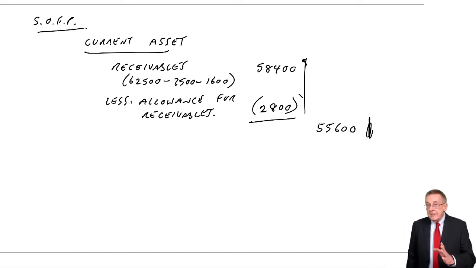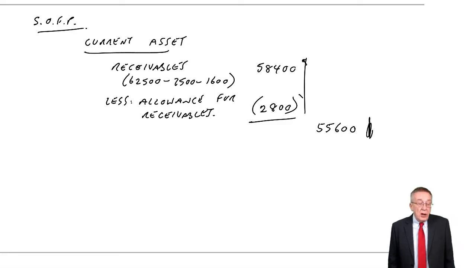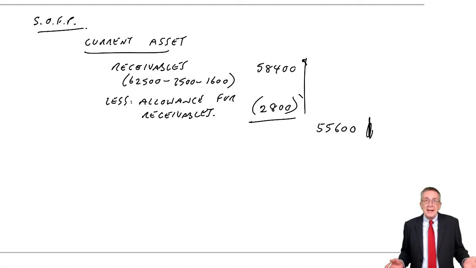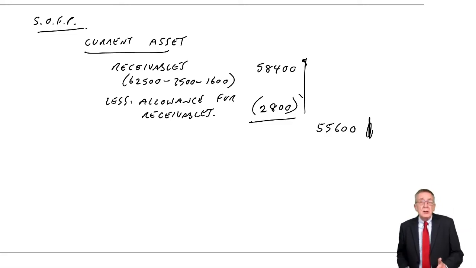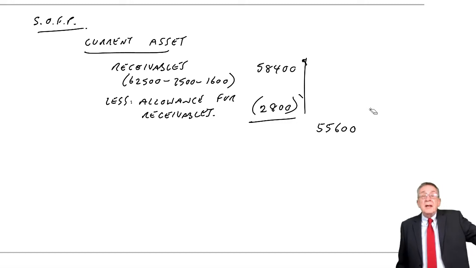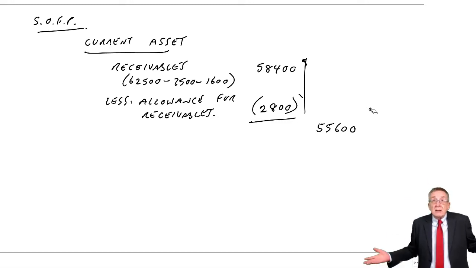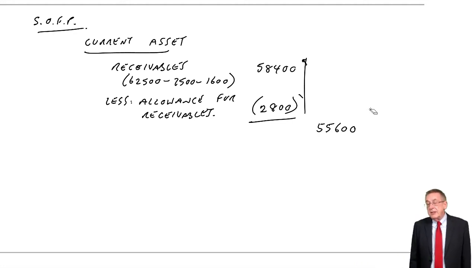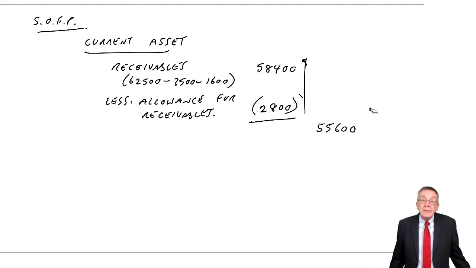But maybe, looking at the past, on average, perhaps 4% of my customers end up not paying. In the past, always about 4% don't pay, but I've no idea who it's going to be. Again, all these remaining receivables, they've all been owing just for 1 or 2 weeks. I can't see any particular problem, but I know that on average, 4% of them are never going to pay me.